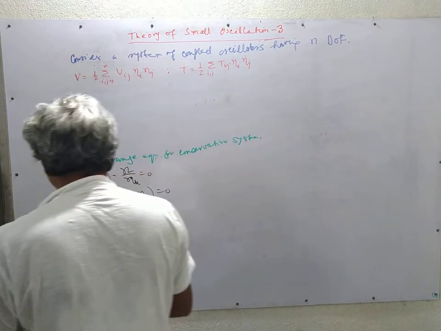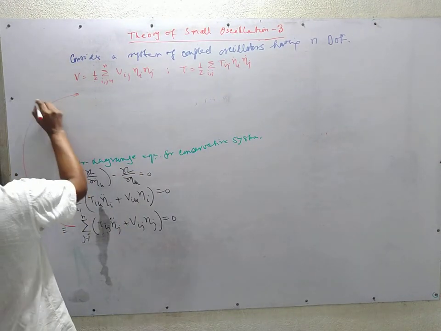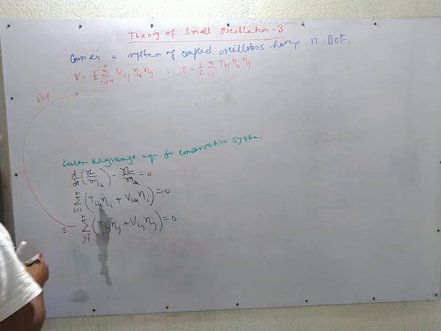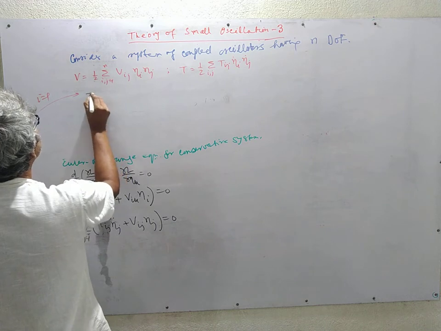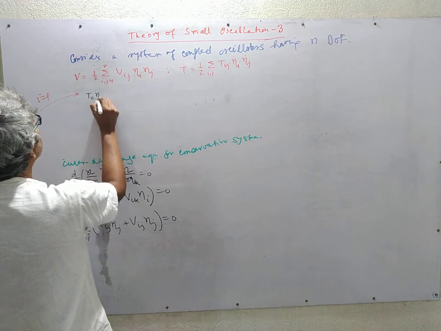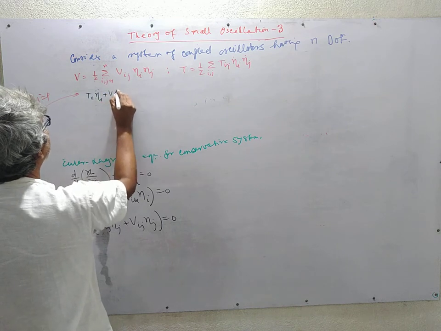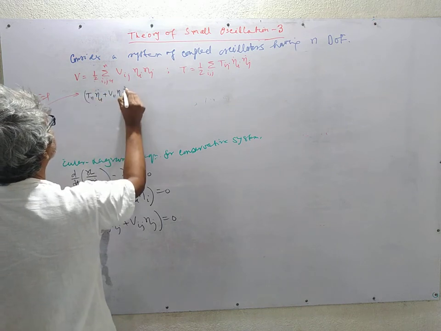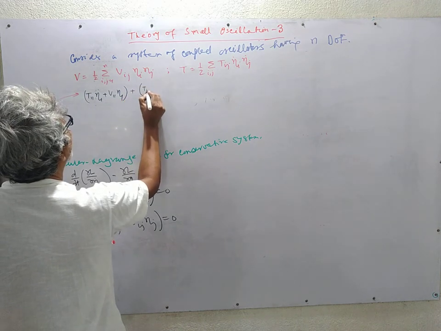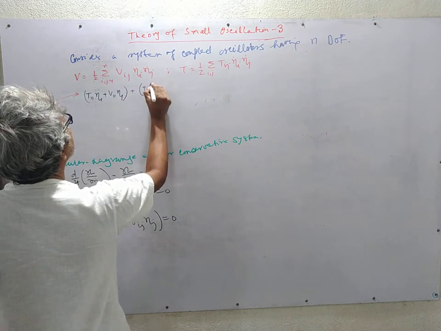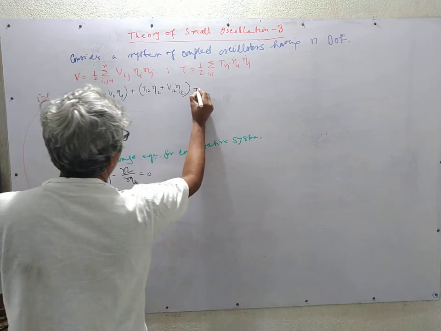If we write this equation explicitly for i equal to 1, then the relation is T_11 η_1 double dot plus V_11 η_1 plus T_12 η_2 double dot plus V_12 η_2, and so on.